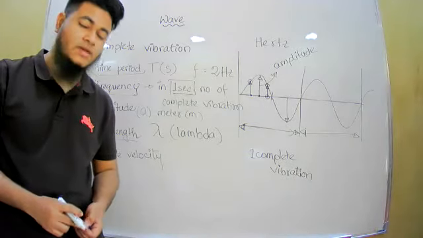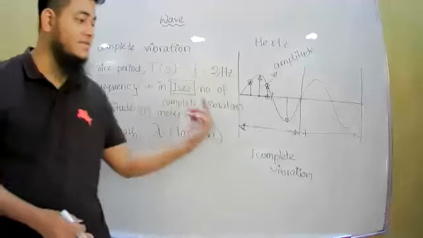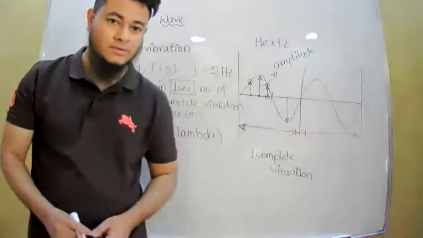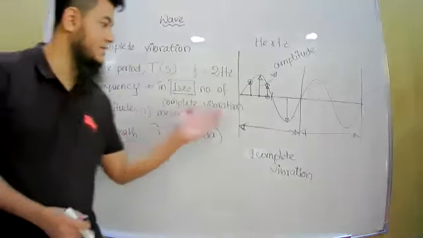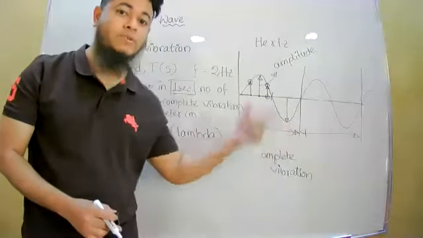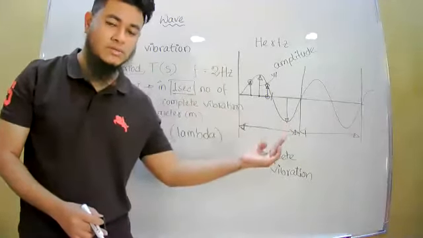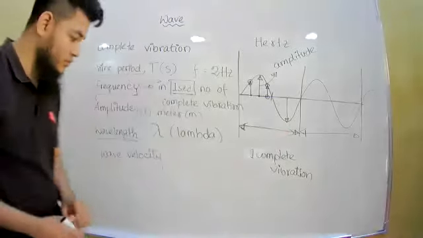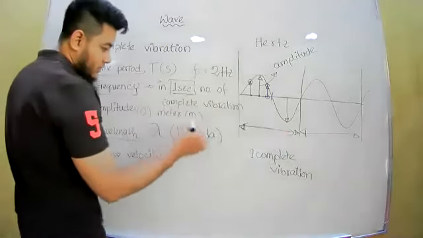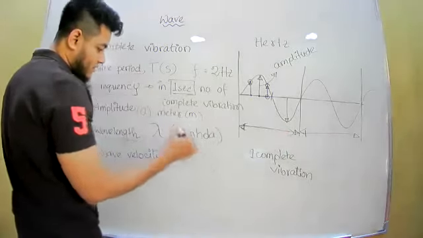Meter. Whenever I'm saying the distance, you should say meter, right? Wavelength is the distance covered by the wave in completing one vibration. So distance, right? Then and there itself you should say it is meter. The unit is the same as amplitude, so it is meter.